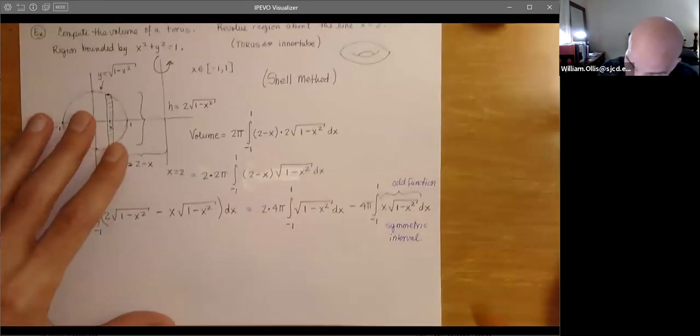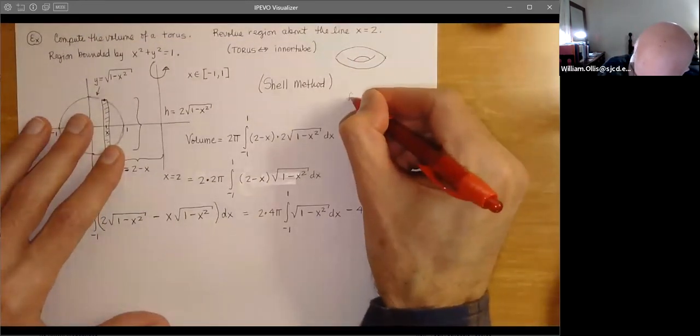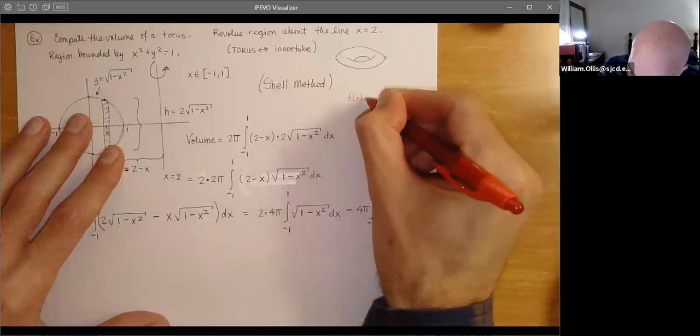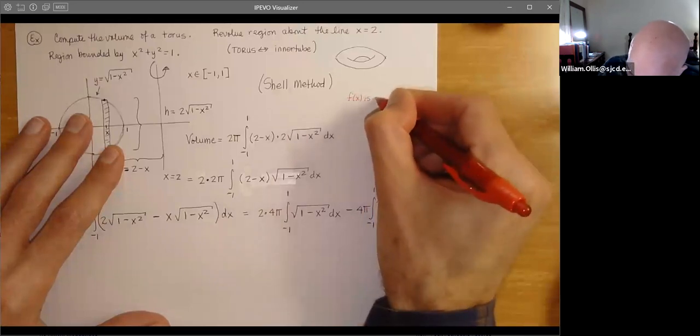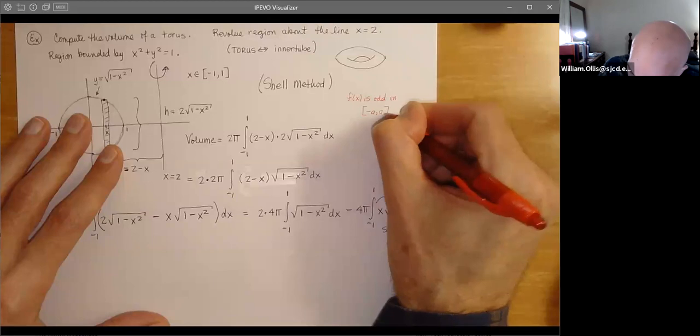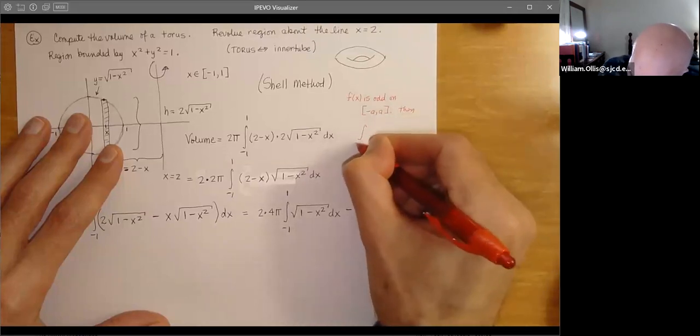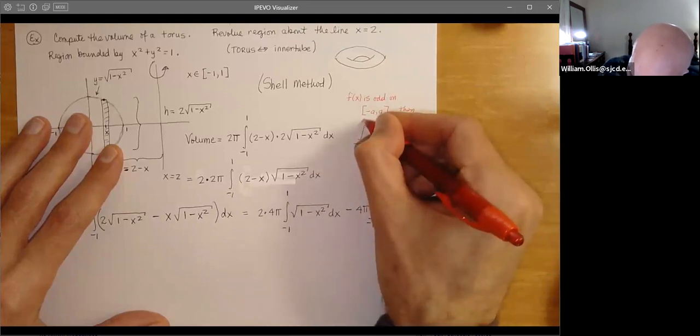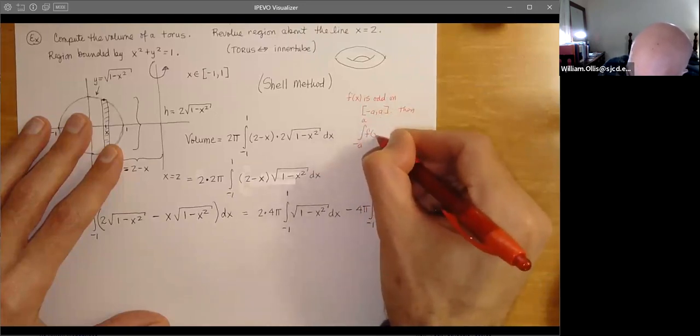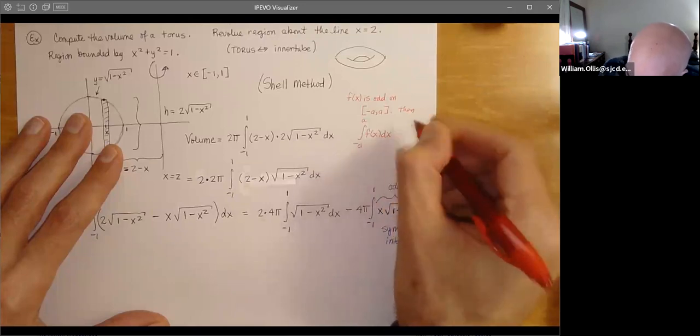Odd function on a symmetric interval. I'll write it up here. So f is odd on, we'll just say, negative a to a, symmetric interval. Then the integral from negative a to a, you could prove this, you probably did, I'm sure you did this in Cal 1, is just 0.